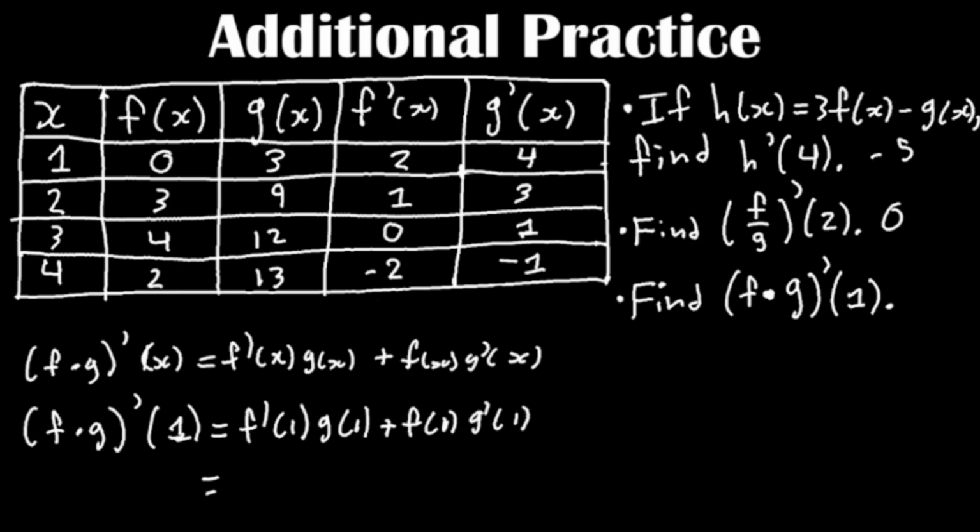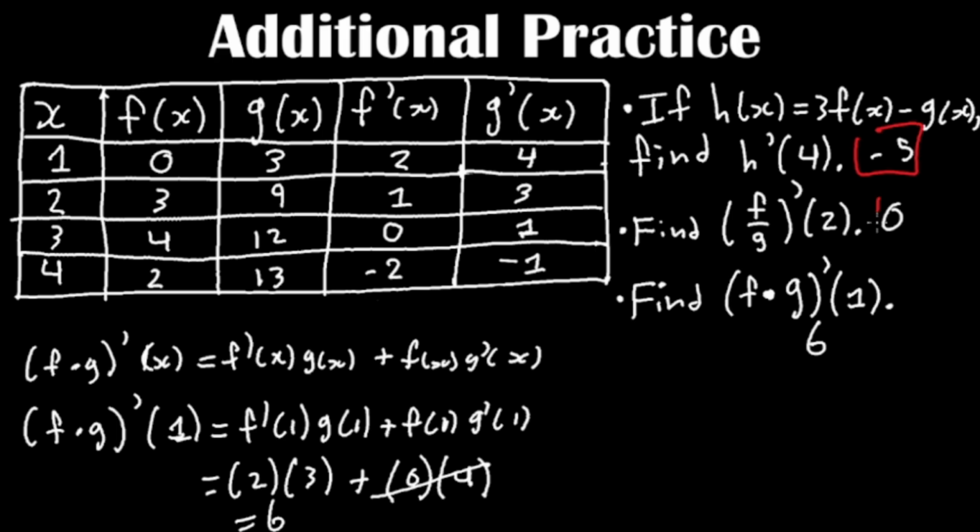So we know f prime of 1 is 2, and then g of 1 is 3, plus f of 1 is 0, and then g prime of 1 is 4. So this is just 0, because 0 times 4. So that's 6. So this is 6. Should probably box those in a different color. Alright, so that is everything.